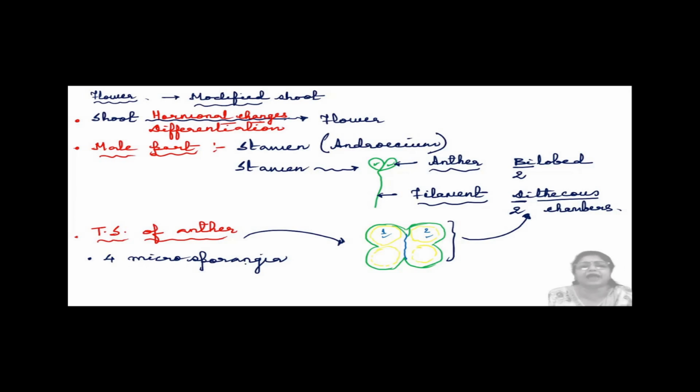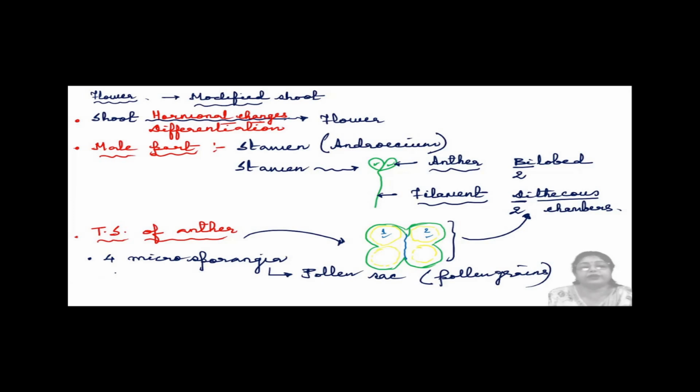A sac containing small microspores will be called a microsporangium. Later on it will be called a pollen sac when it contains pollen grains, the sac containing pollen grains. We will proceed gradually to how the pollen grains form.